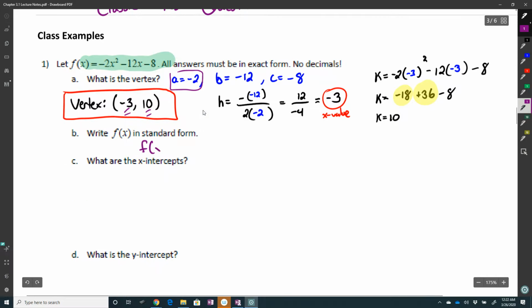f of x is equal to a, negative 2, parentheses x minus negative 3 squared plus k. Remember the formula for that. I guess I should have written that, but it's too late.